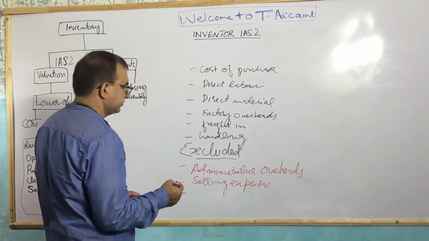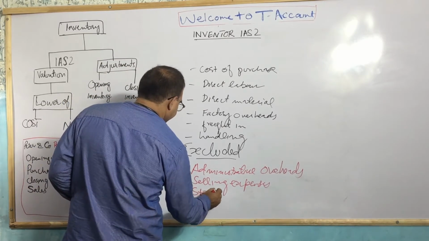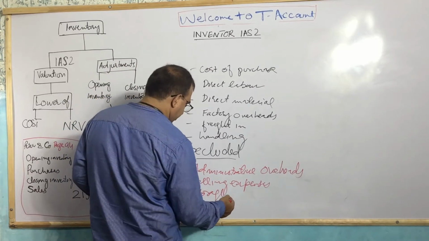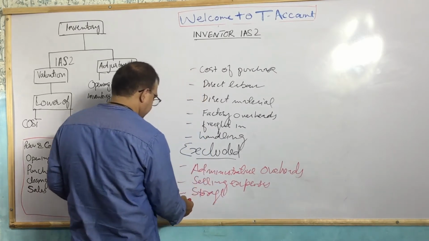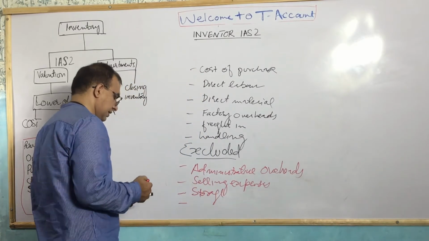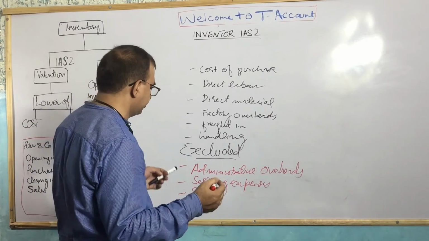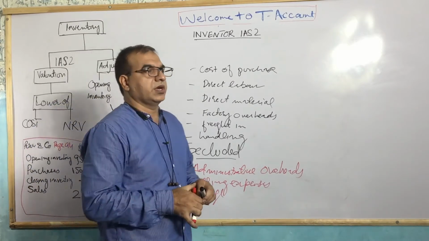Storage expenses. You have your inventories, you need to spend on the storage, a big cost, but you cannot add it to their cost. That is not something which is adding value to your stock, that is just routine expenses.